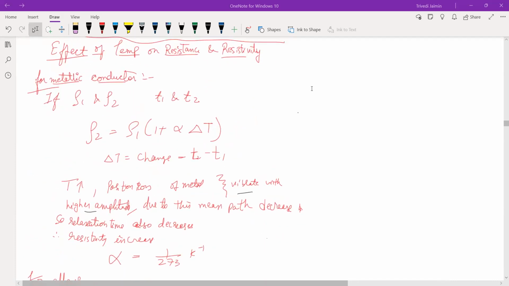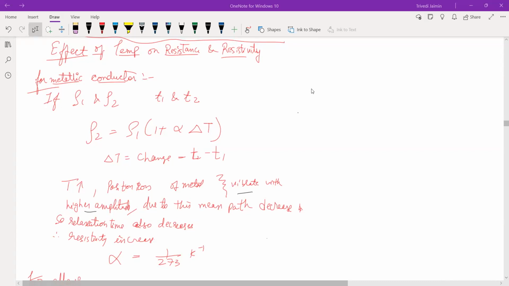Okay, this topic I think is new for you: effect of temperature on resistance and resistivity. We are considering two metallic conductors with resistivities rho 1 and rho 2.